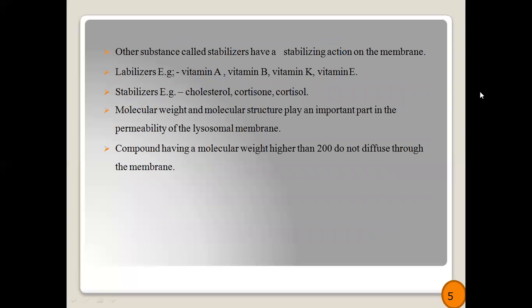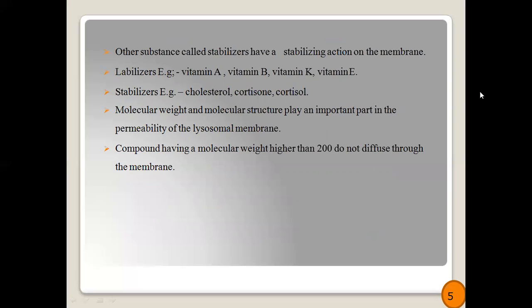Other substances called stabilizers have a stabilizing action on the membrane. Stabilizers, for example vitamin A, vitamin B, vitamin K, vitamin E, and also cholesterol, cortisone, and cortisol.